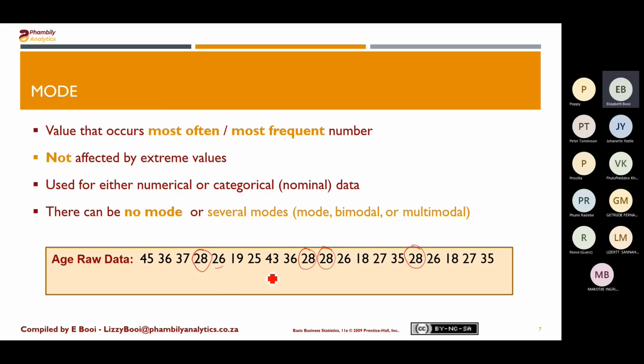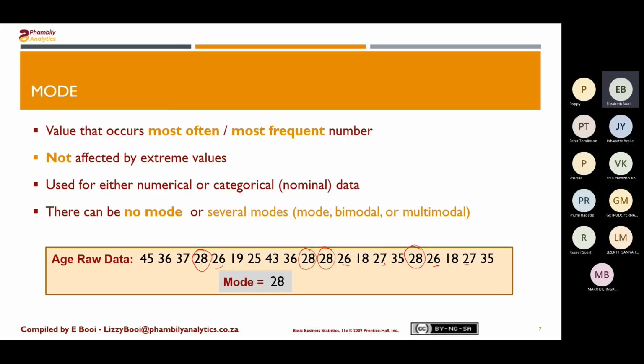And I know that 26 appears 3 times, and 27 appears 2 times. And you can do that to check how many times the others appear. And when you do, you will see that the mode is 28 because 28 appears more than the rest of the other numbers.